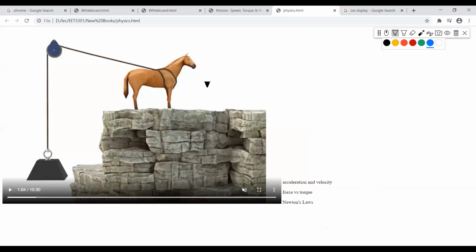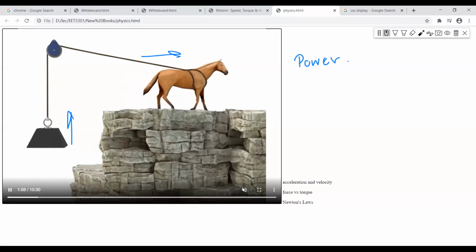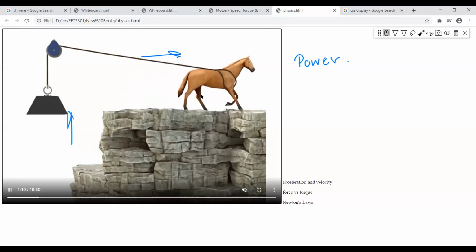Now we are going to our next section, which is power, right? So let's say instead of a motor, a horse is going to pull this load, right? In that case, you know that the horse is doing some work, right?